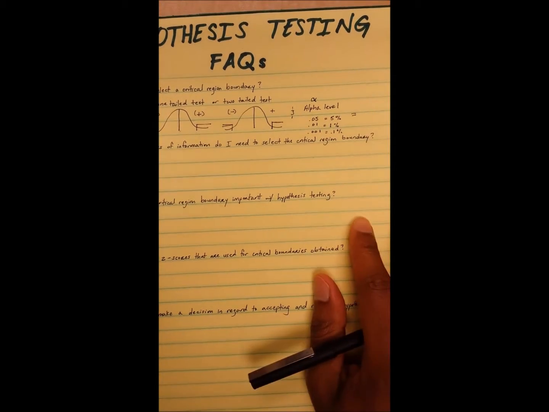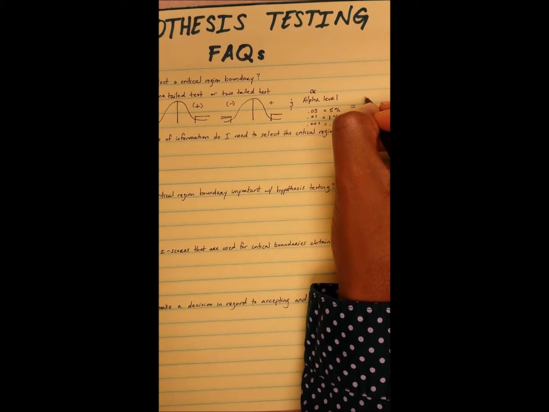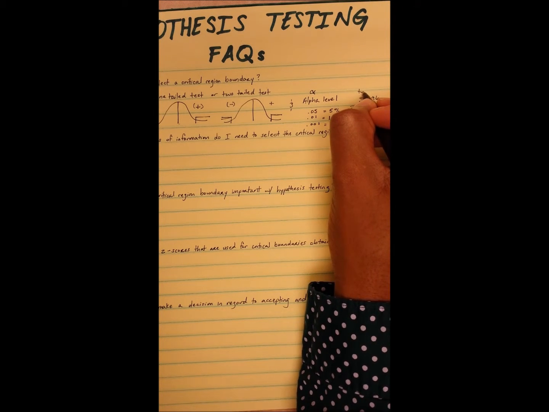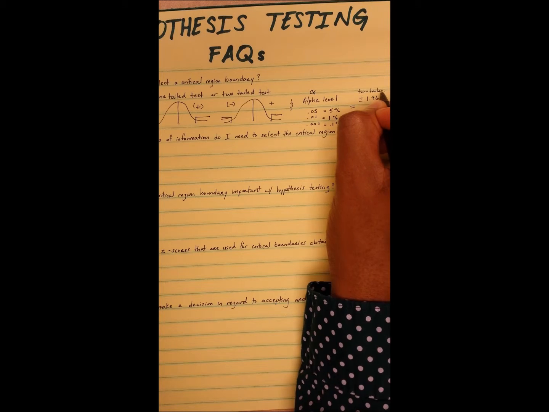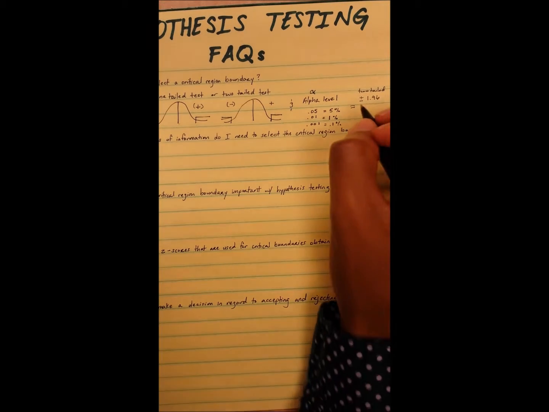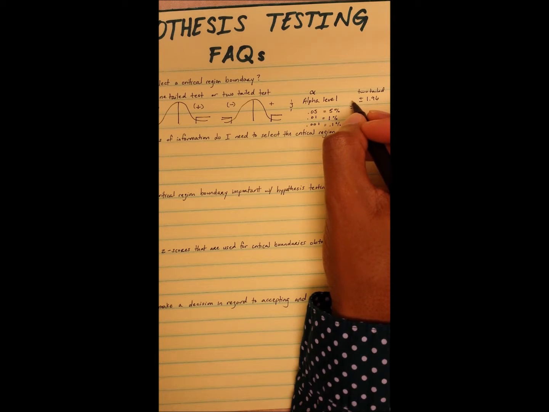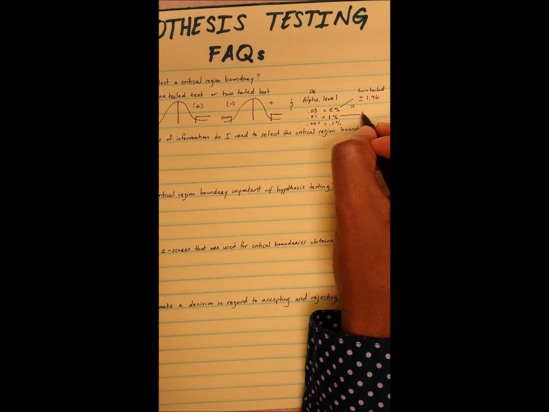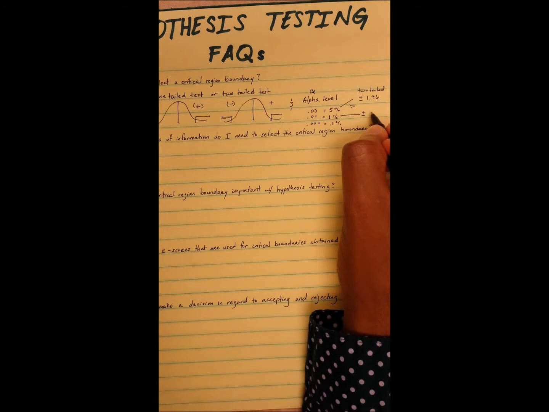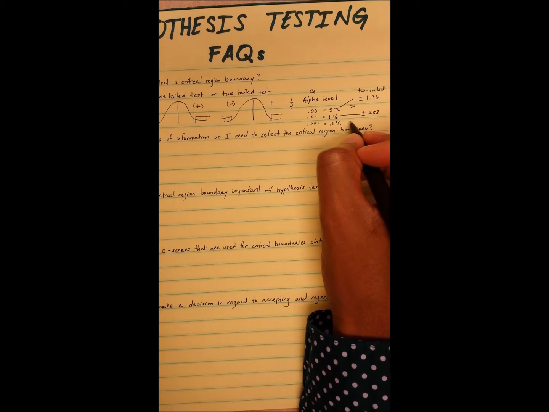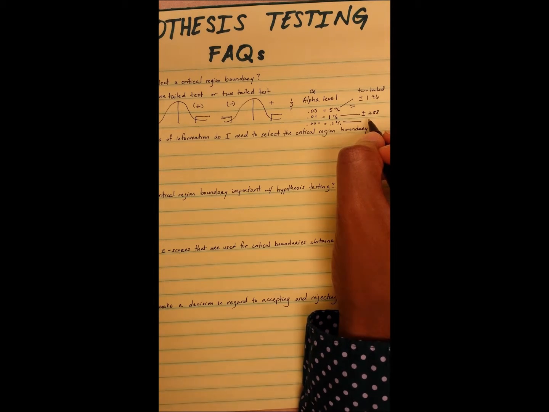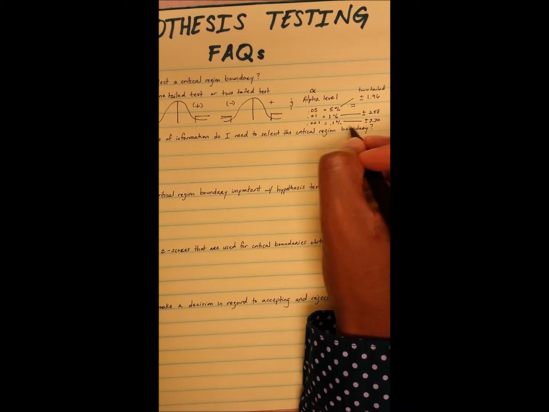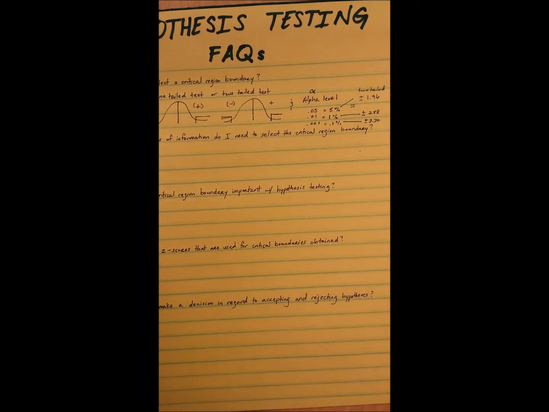So they commonly are, and I'll go ahead and write those out, plus or minus 1.96, and this is for a two-tailed test, plus or minus 1.96 for 5%, plus or minus 2.58 for 1%, and plus or minus 3.30 for 0.1%. What does that mean?